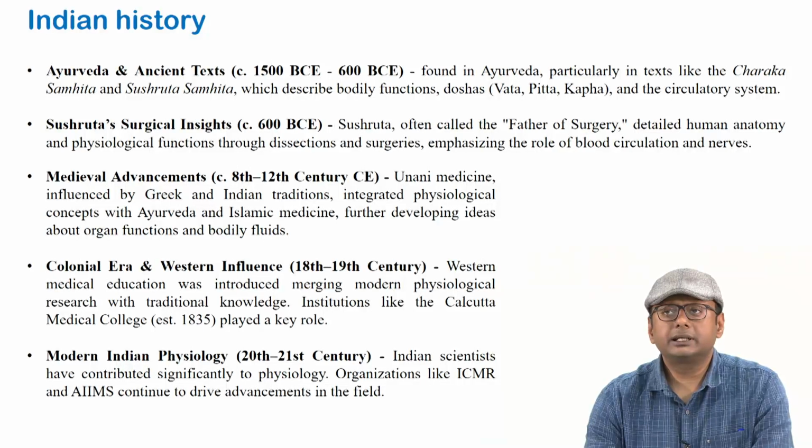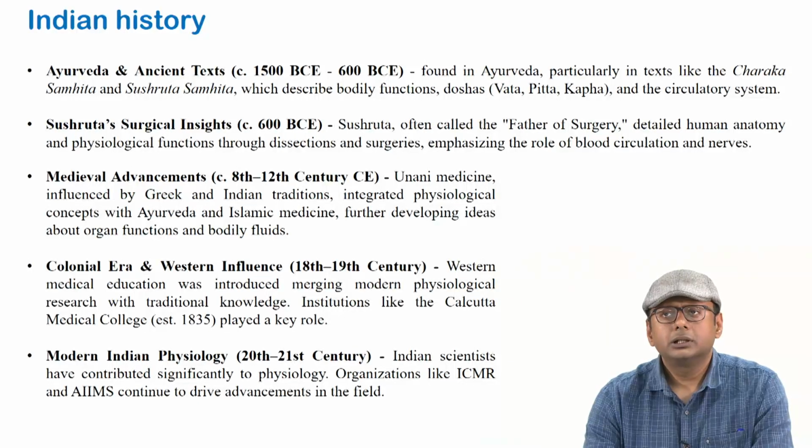Of course these are ancient texts and maybe not everything was properly documented, but whatever we can find, in the Charaka Samhita and Sushruta Samhita, a lot of bodily functions and doshas like Vata, Pitta and Kapha were described.